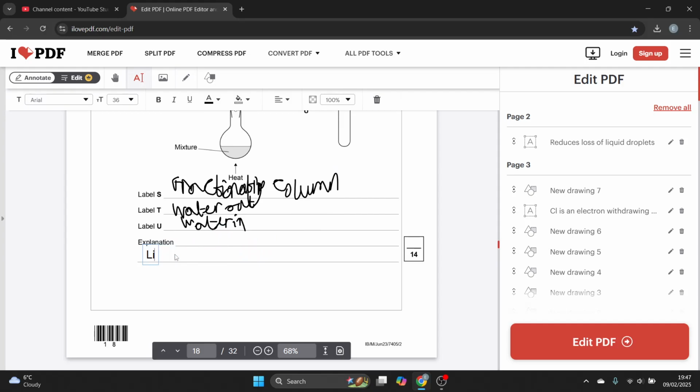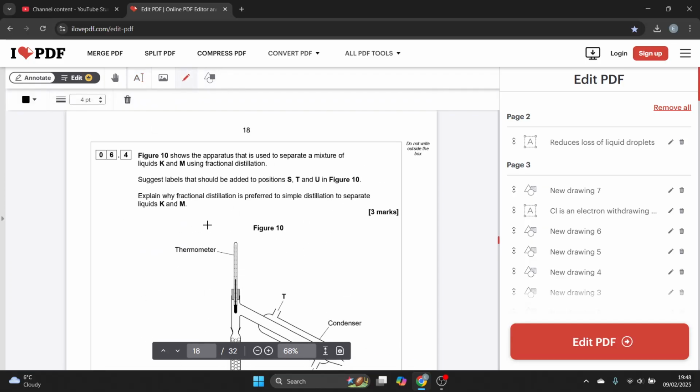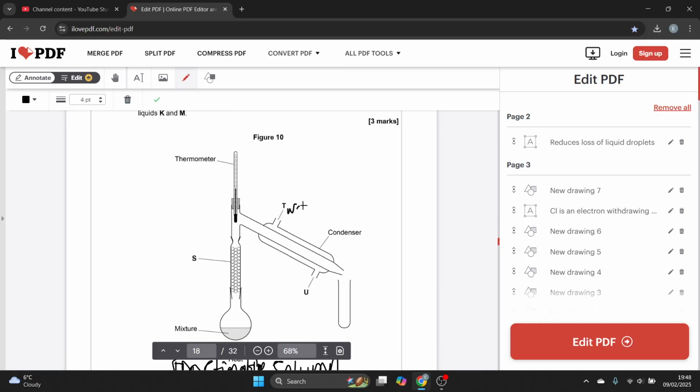That's what it says, right? Because liquids K and M are likely to have similar boiling points. So that's water out, that's water in, and that's your fractionating column.